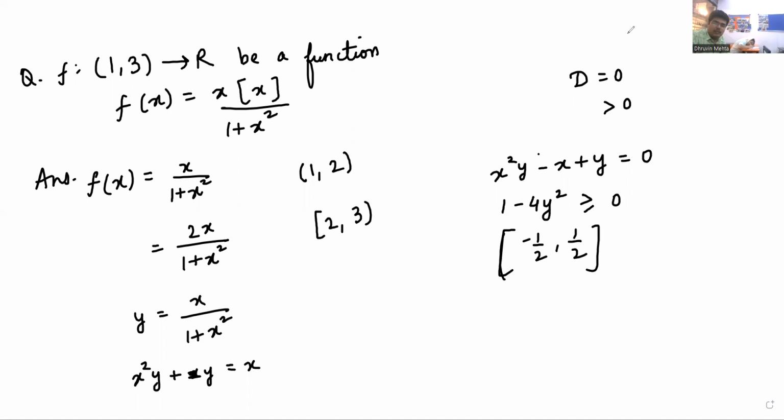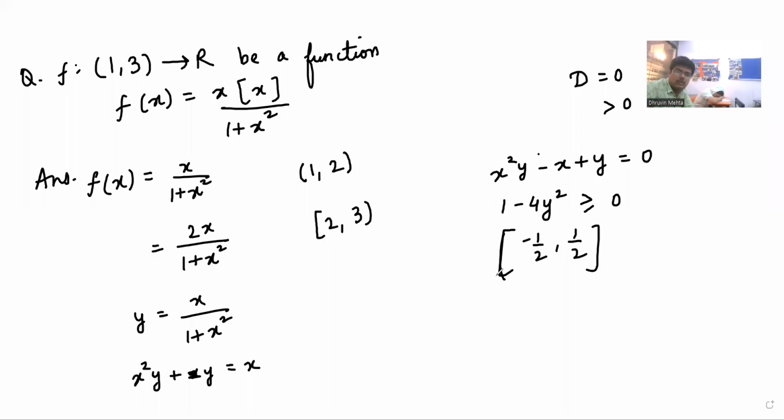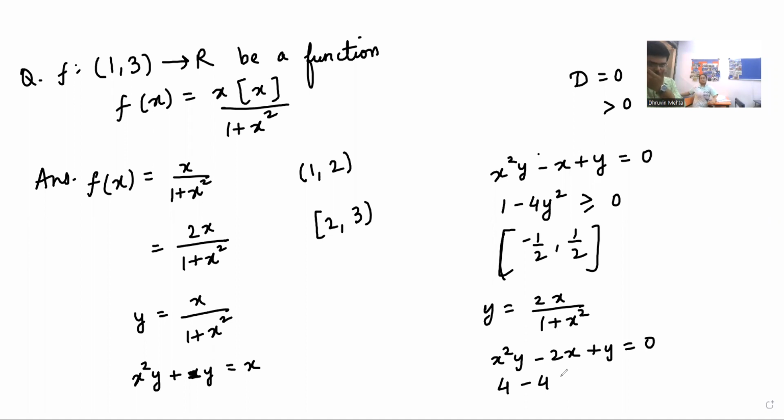And now the second one. For the second part, you will get y is equal to 2x upon 1 plus x square. Everything will be the same, just in the quadratic you get y x square minus 2x plus y equal to 0. Correct? So this will be b square minus 4ac.